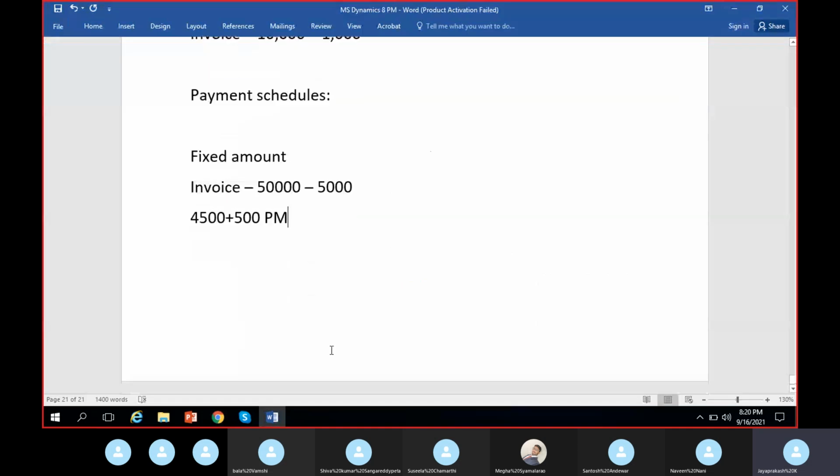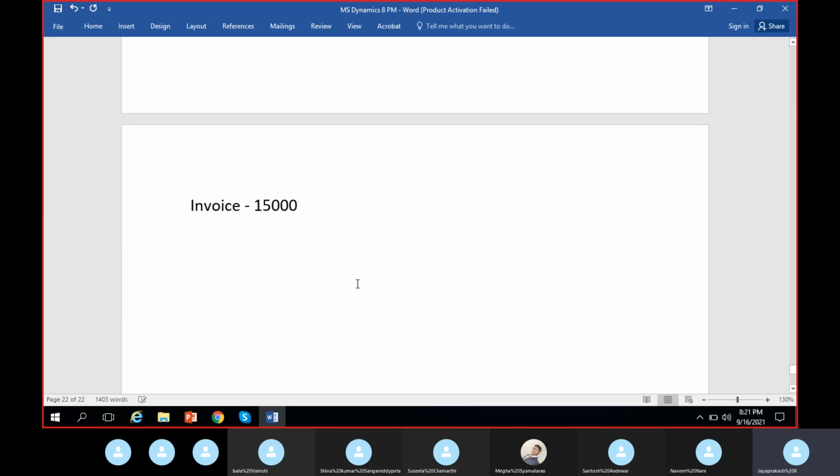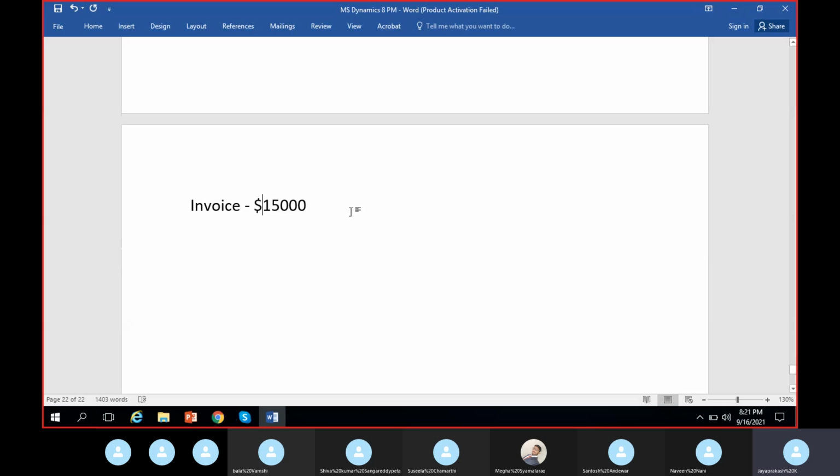Suppose that I have an invoice of $15,000. If I am applying the fixed quantity method here, it means I'll pay it totally in 3 schedules. Okay, 15,000 will be paid in 3 schedules.